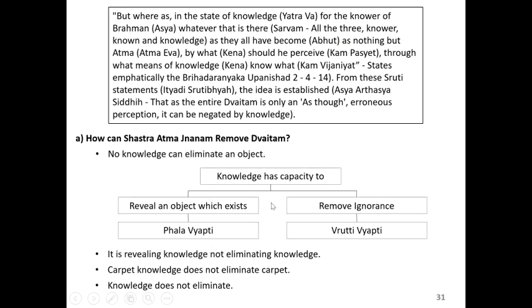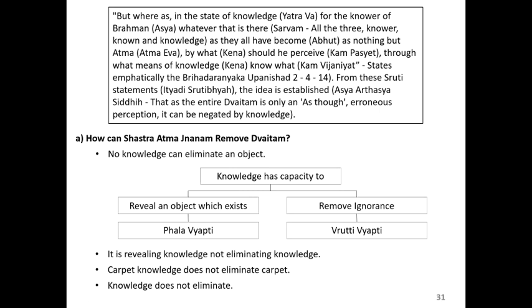I have explained to you here. Knowledge has the capacity to reveal an object which exists. It also has the capacity to remove the ignorance of the object. Knowledge can reveal. For example, I can see a pen, I can see a mobile. Eyes can reveal an object.